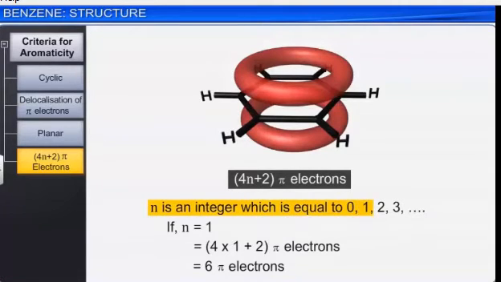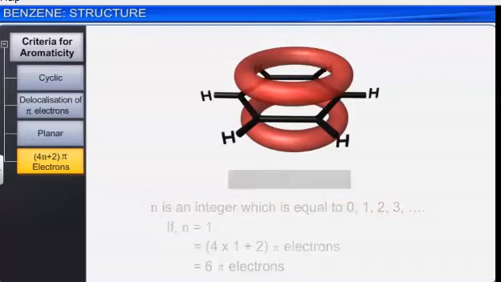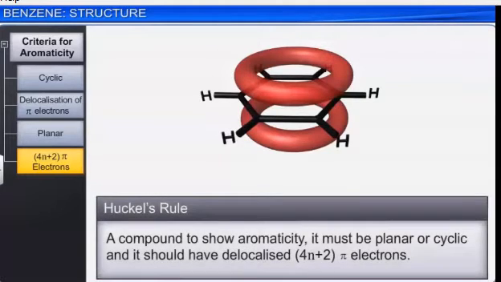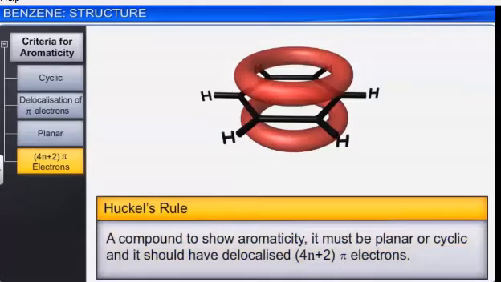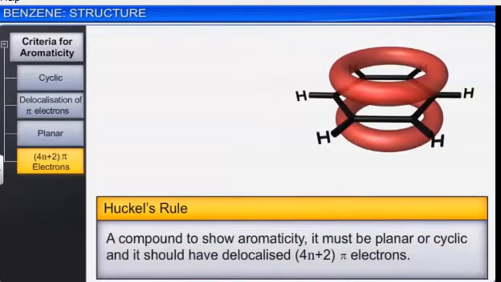This means, for a compound to show aromaticity, it must be planar and cyclic, and it should have delocalized 4n plus 2 pi electrons. This is known as Huckel's rule. Thus, according to Huckel's rule, aromatic compounds should have a delocalized electron cloud of pi electrons, such as 2, 6, 10, 14 electrons.